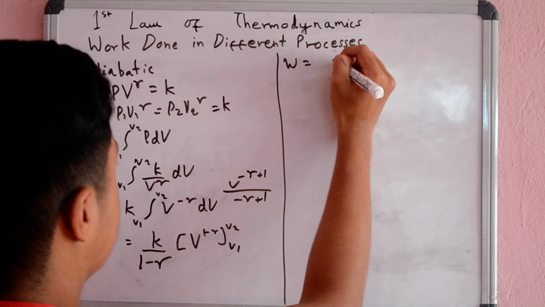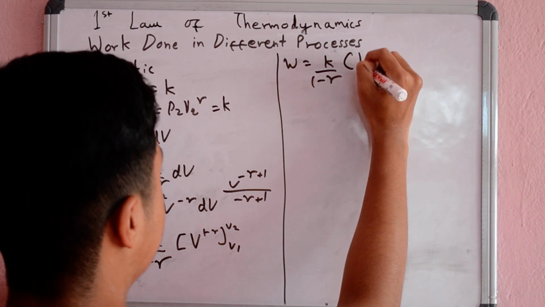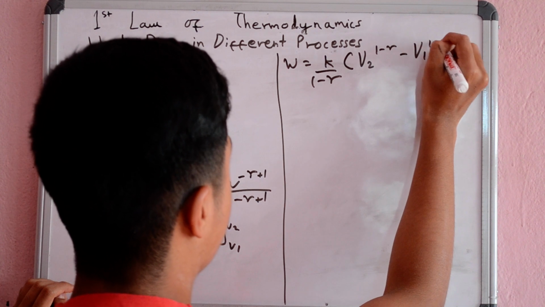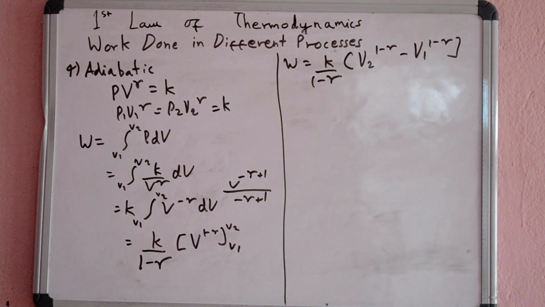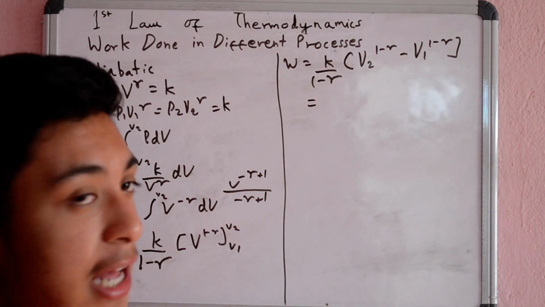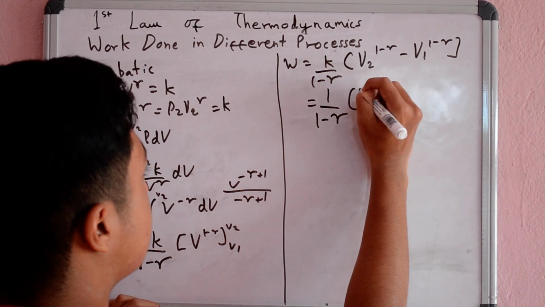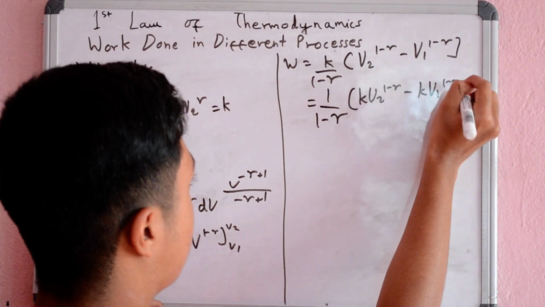So work done is K over 1 minus gamma, times the bracket V2 to the power 1 minus gamma minus V1 to the power 1 minus gamma. Now here we can multiply the constant inside. I'll tell you why we do that. So we get 1 over 1 minus gamma, times K V2 to the power 1 minus gamma minus K V1 to the power 1 minus gamma.